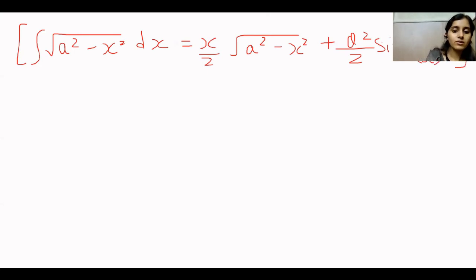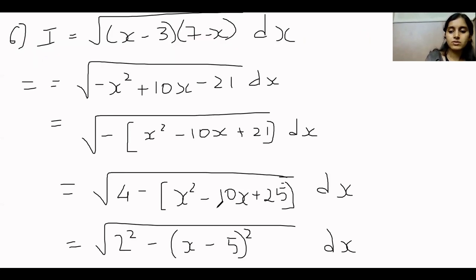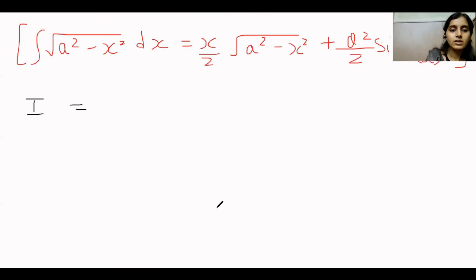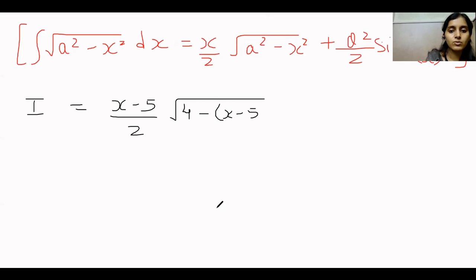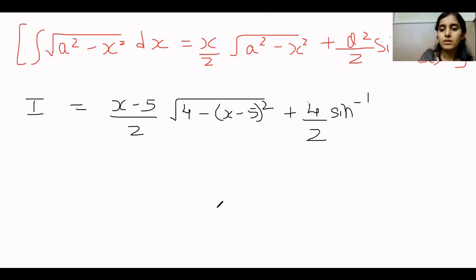Let us use this for our sum. So I will be equal to, do we have anything outside? No, it's just this root of 2 square. So this will be x minus 5 upon 2 root of a square, that is 4 minus x minus 5 the whole square plus a square upon 2, that is 4 upon 2 sine inverse x upon a.